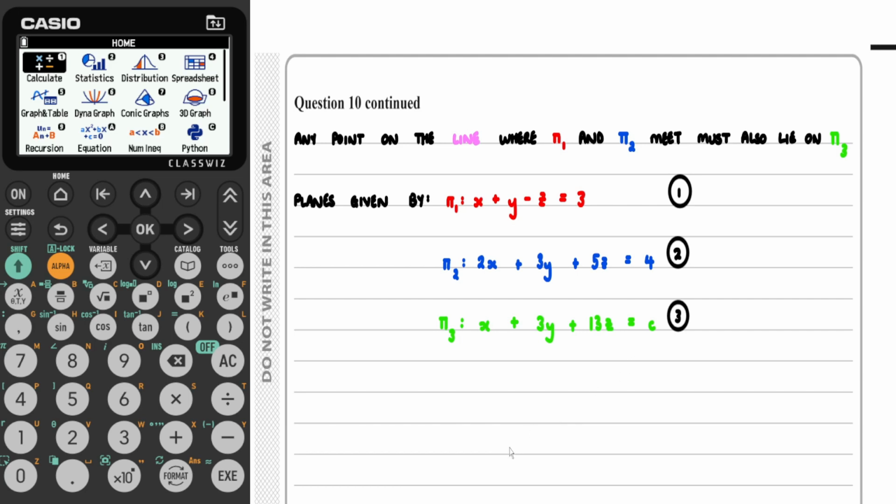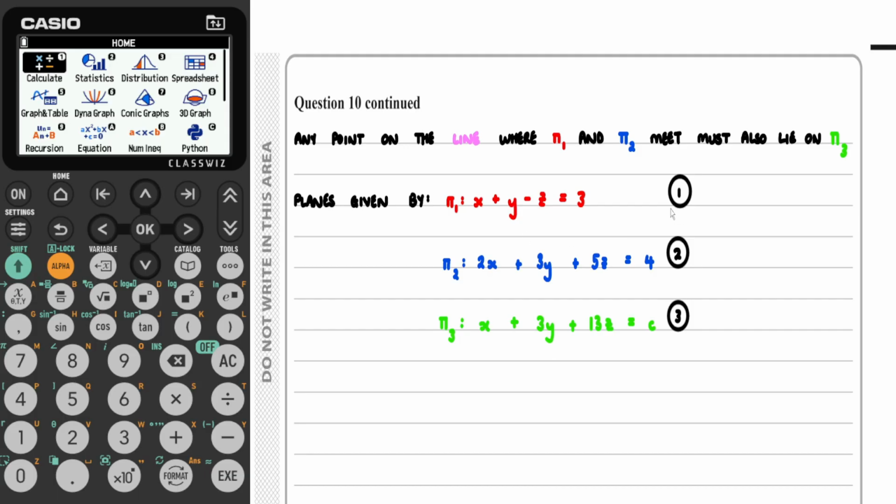Now, what we need to do in this question is find a line. And because we have a sheaf, essentially we should have the same type of line. And our goal is then to look at two of the equations and eliminate x from it.